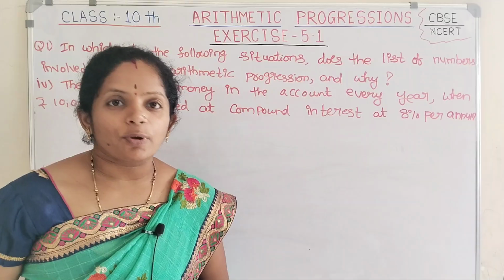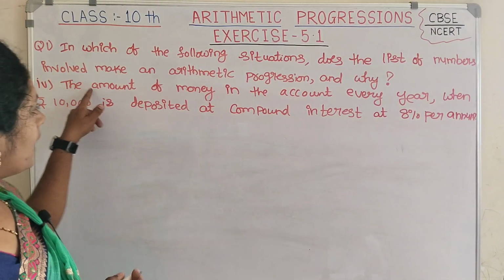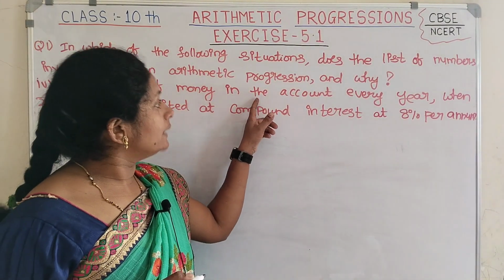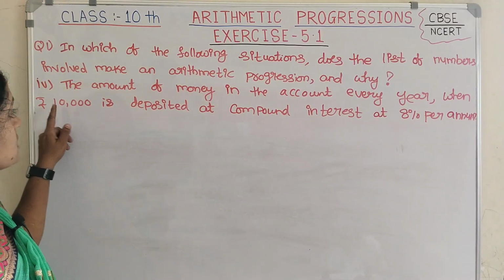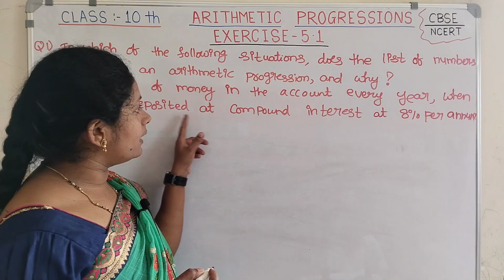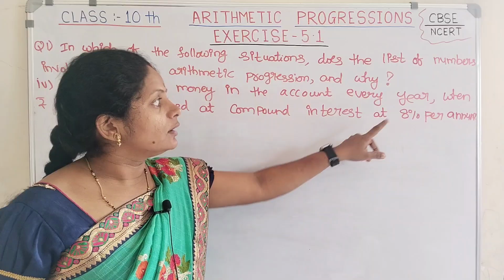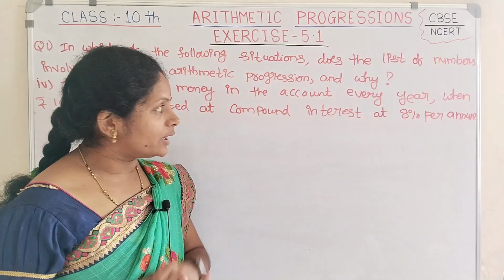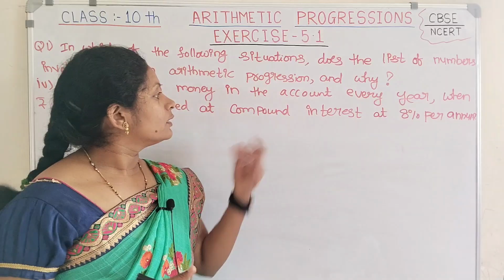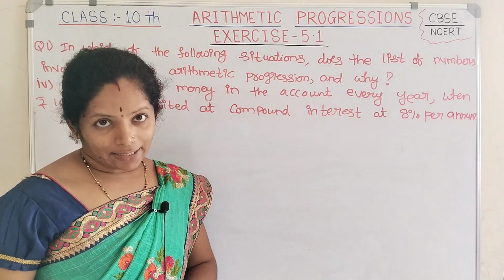Let's do the next problem. The amount of money in the account every year when rupees 10,000 is deposited at compound interest at 8% per annum, when the interest is compounded. You learned this formula in 8th standard.